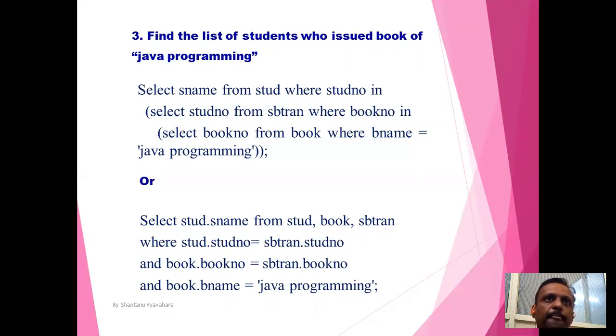Simply, the student number of student should be matched with the student number of SBTran, and the book number from book should be matched with the book number of SBTran, and one more condition that you have to give is that book name must be equal to Java programming. Okay, so let's work out the query.